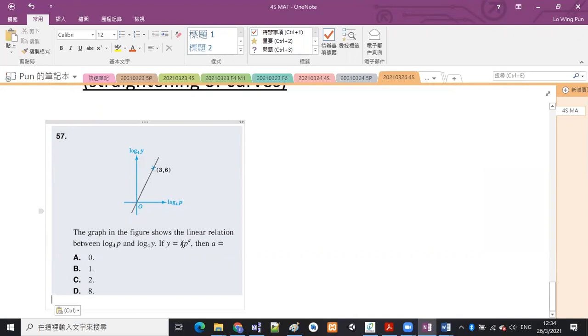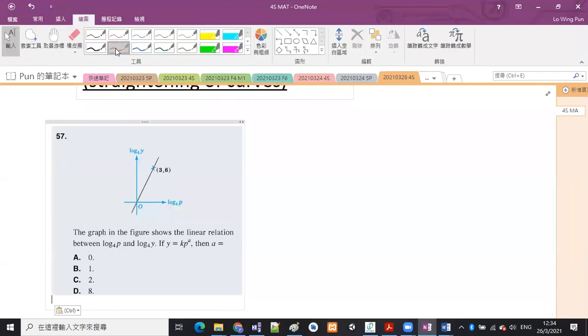If y is equal to this, then a is equal to what? For this kind of question, you need to notice that the axis is not a pure x-axis and is not a pure y-axis. Can you see this? This is not an x-axis and this is not a y-axis.